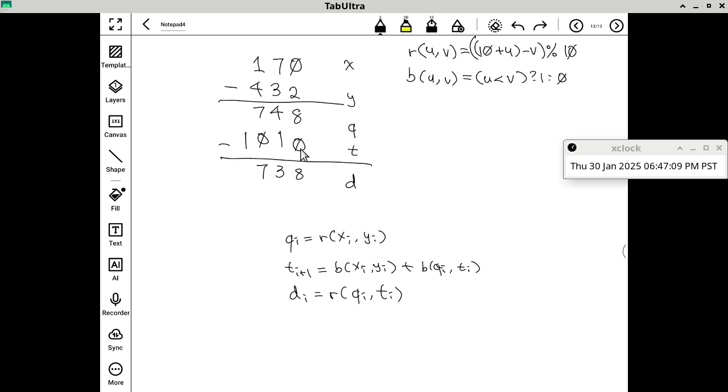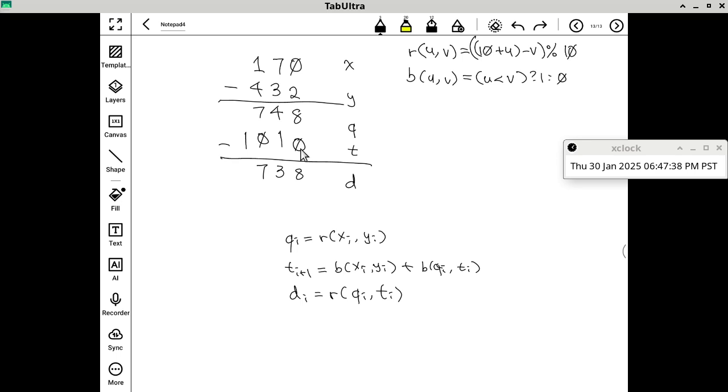Remember, these are all in base 10. So 170 minus 432 is 738. You go like, no, that is so wrong. It's supposed to be negative. Well, but wait. There's a little bit more here. We have an overall borrow of one. Then you go like, how is that one possibly going to turn this whole thing into negative? Well, it is one, but it is one of what?